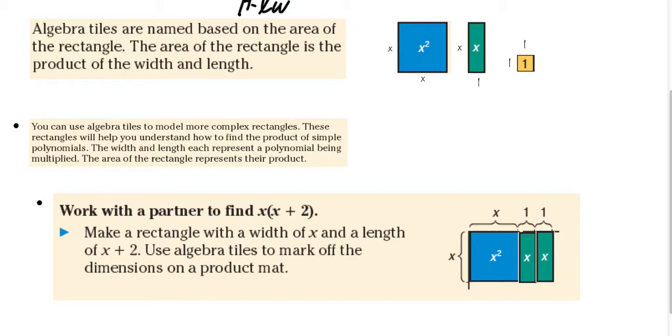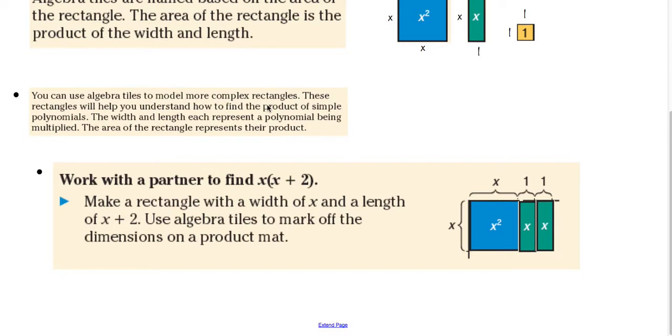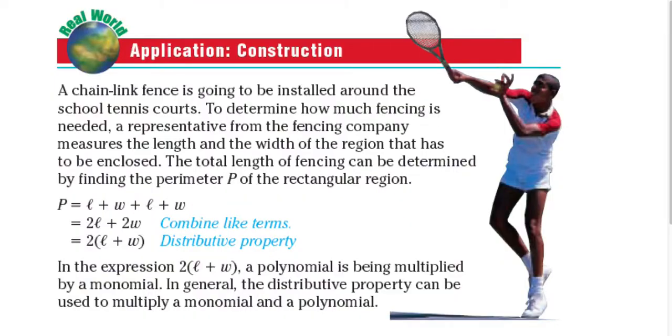So the area of the rectangle will be one x squared tile and two x tiles, so it is x squared plus 2x. So if you multiply x times x plus 2, it'll be x squared plus 2x using our model.